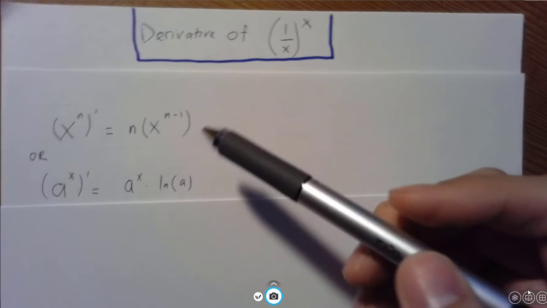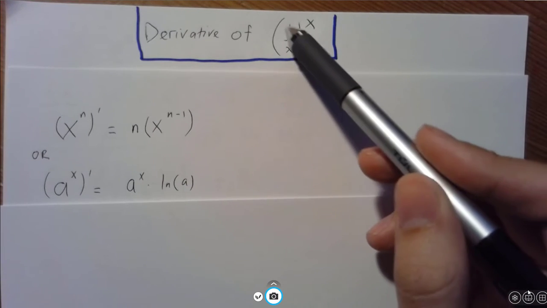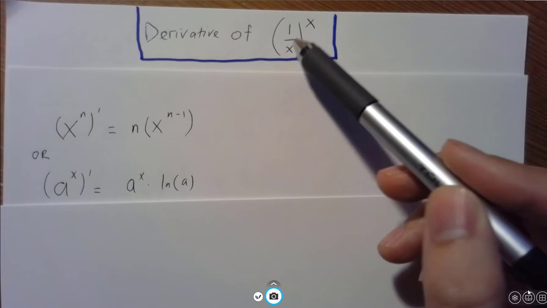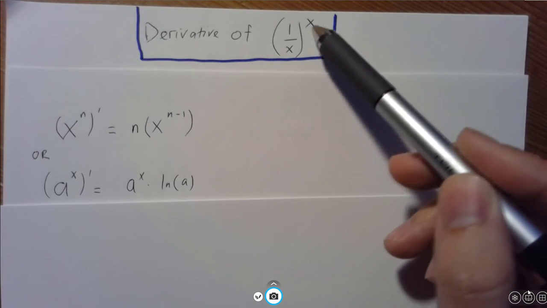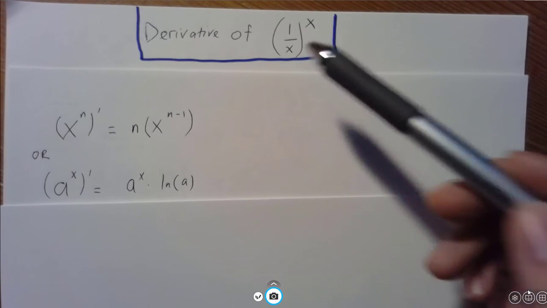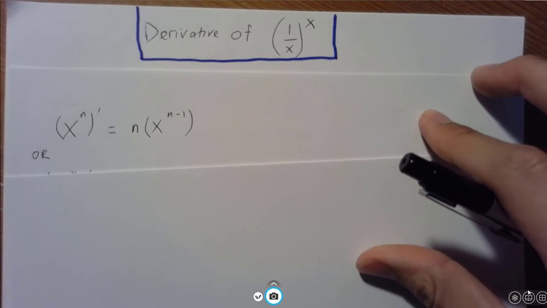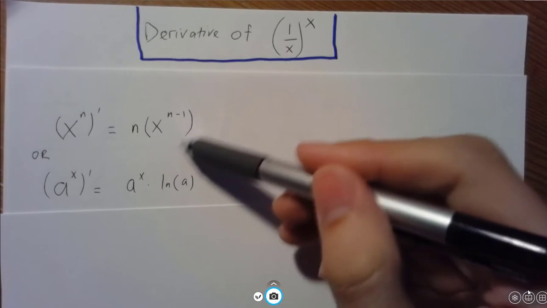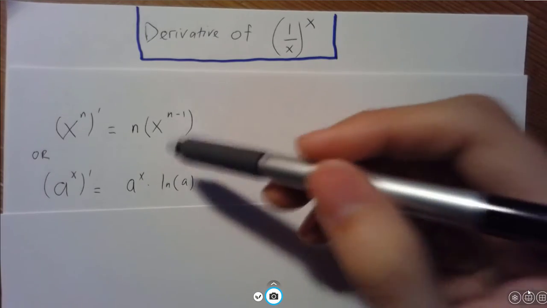But in this problem, the x appears in the base and also in the exponent place. So we have x on both the base and the exponent, and we couldn't use either of the two formulas that you just saw.